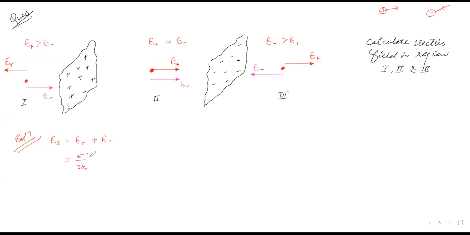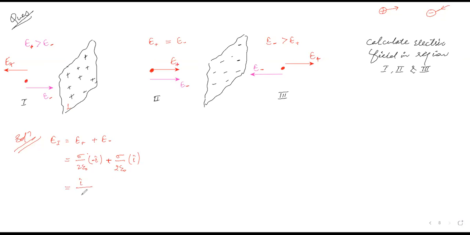Do you remember or not? And what is the direction of E plus? E plus direction is along the negative x-axis, or you can also say negative i cap. Write it down, plus E minus, which is sigma over 2 epsilon naught. This is your i cap.